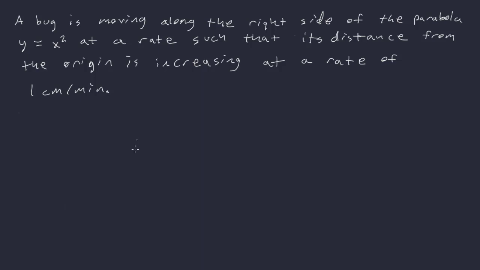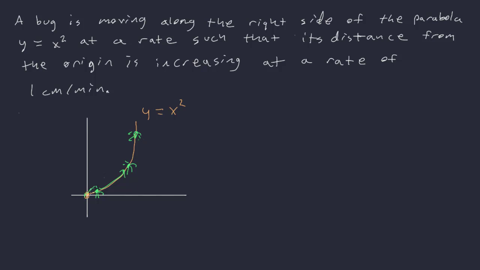So we have the parabola y equals x squared, and we're basically just looking at the right side of it. Here's y equals x squared, and we have a bug traveling along the parabola, but it's doing so such that, notice what it says, its distance from the origin is increasing at a rate of 1 centimeter per minute.